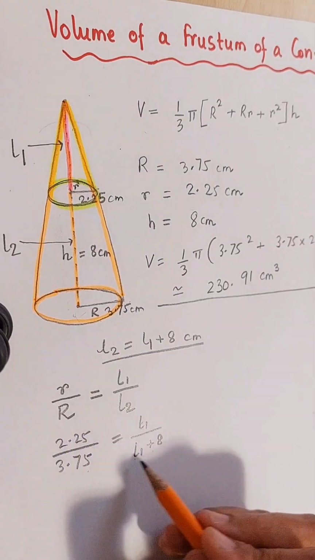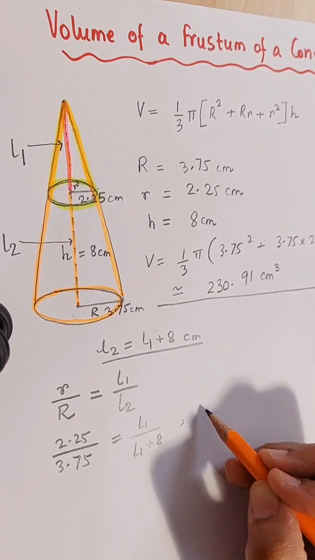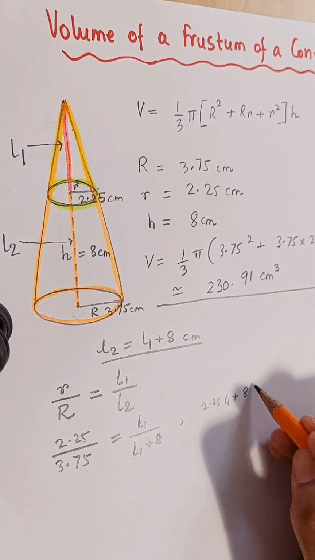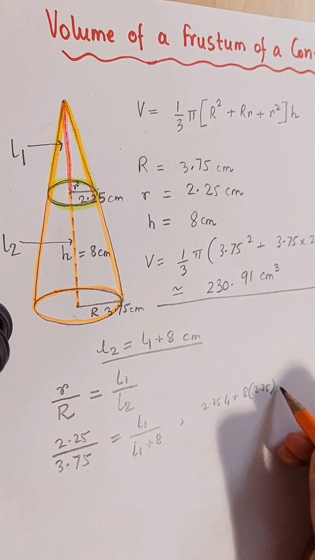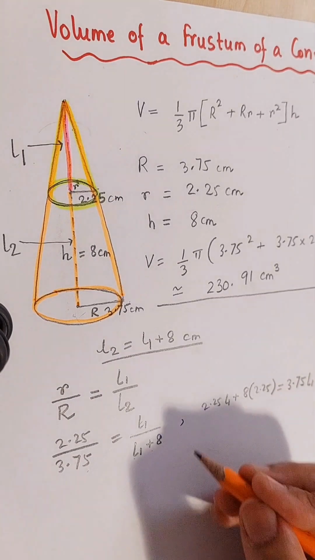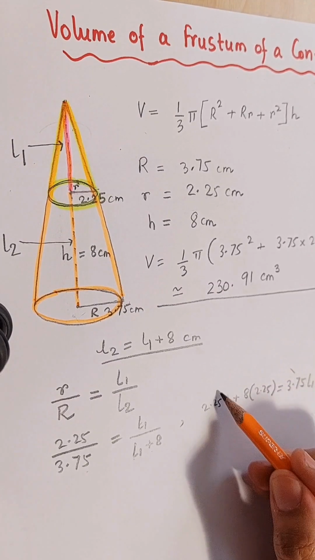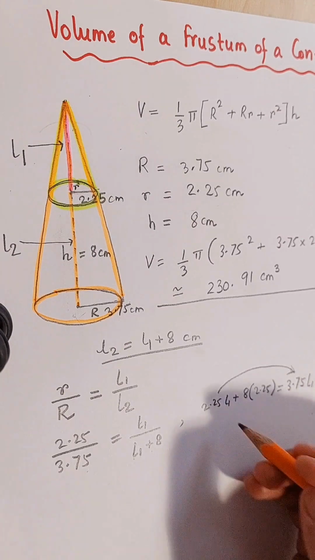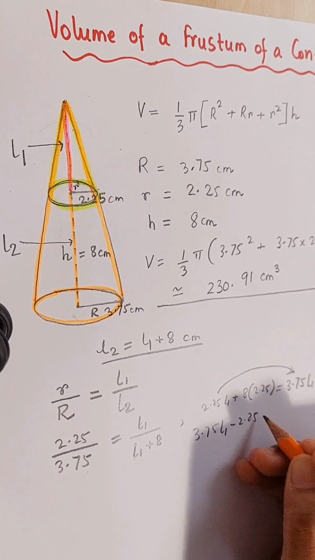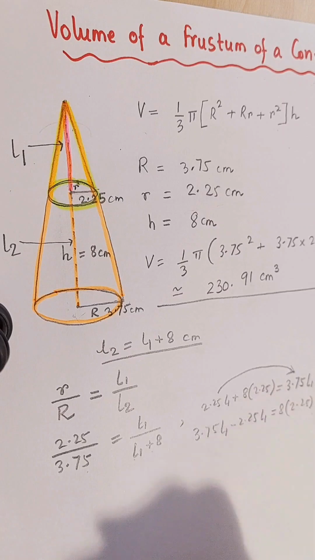Now if we simplify this equation, we will have 2.25 L1 plus 8 times 2.25 equals 3.75 L1. So bringing this 2.25 L1 to the other side, we'll have 3.75 L1 minus 2.25 L1 equal to 8 times 2.25.